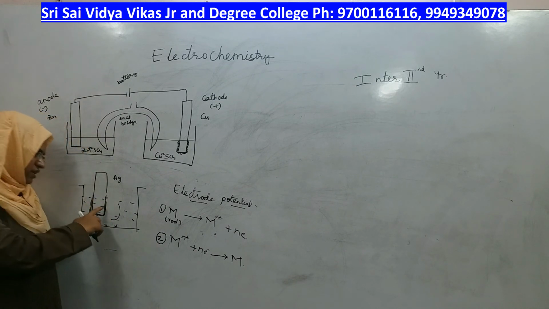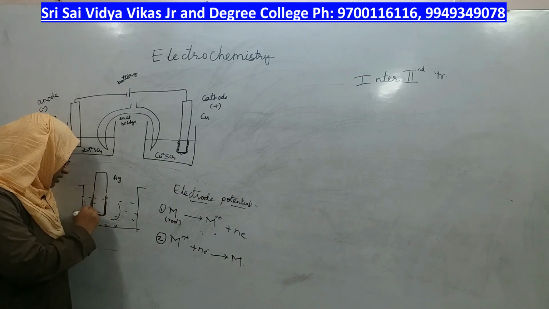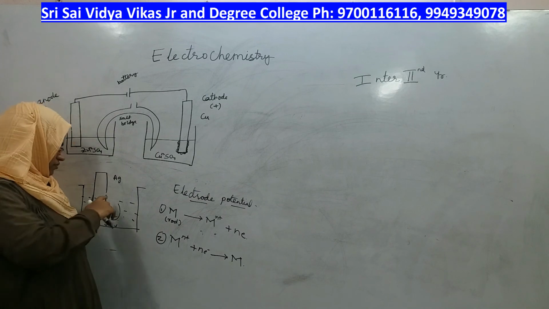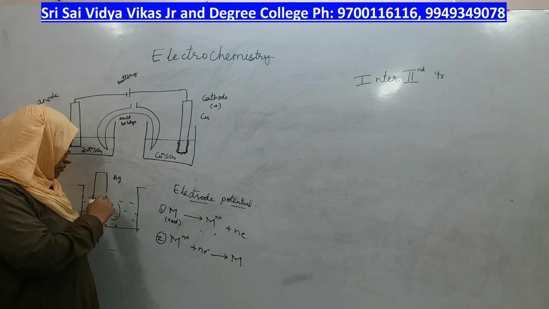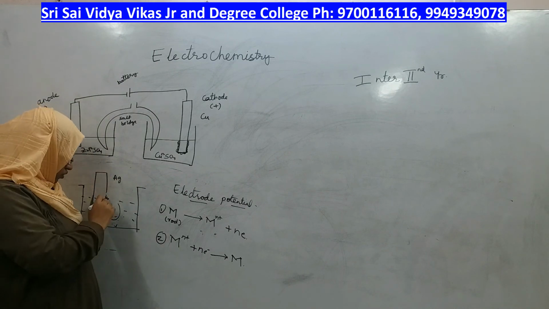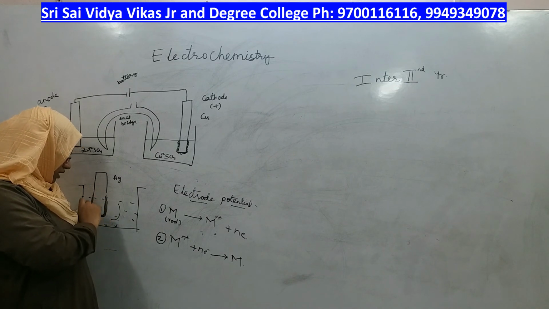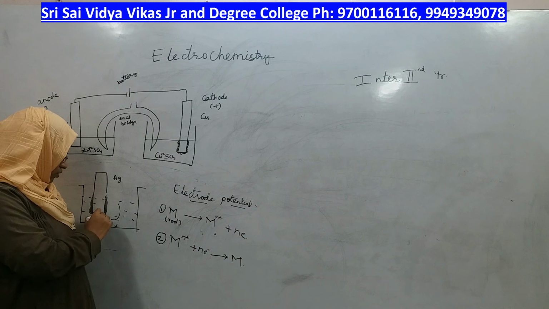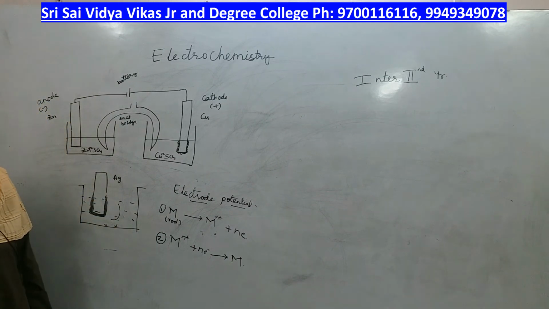So, between the metal and the solution a barrier of potential difference develops. A barrier or a layer of potential will be developed where? Not everywhere, only at this point. That potential difference which is generated only at the boundary is called the electrode potential of any metal.